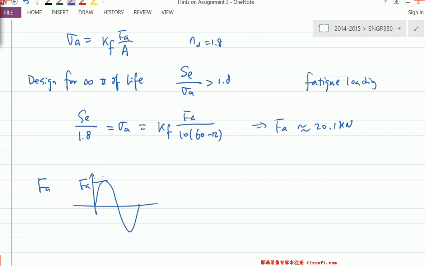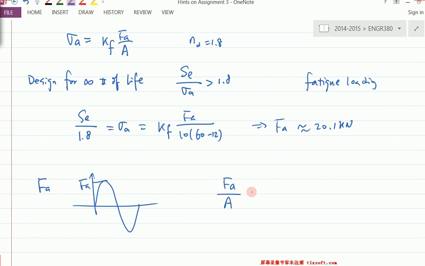When this is ductile material, if you use a maximum shear stress theory, or the distortion energy theory, it doesn't really matter. It's all in the first quadrant there. So what you're really looking at is Fa over the area.